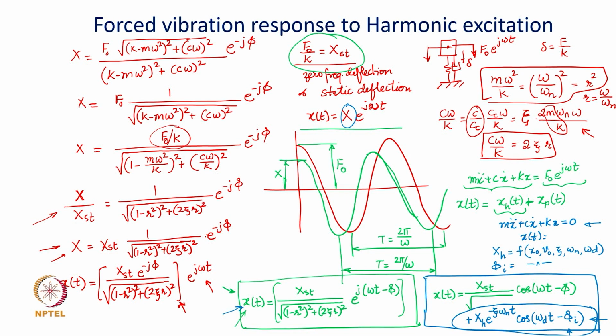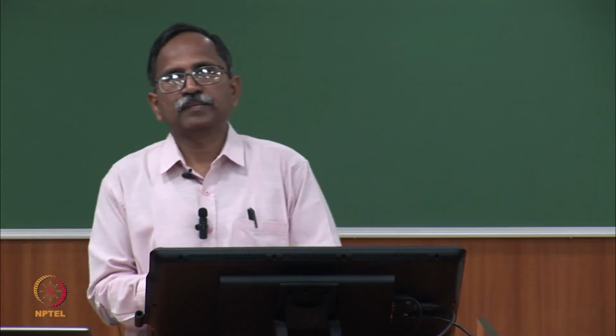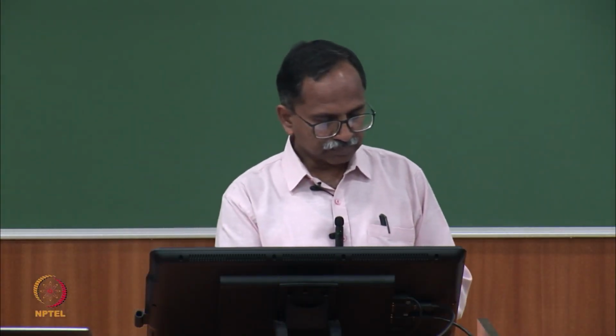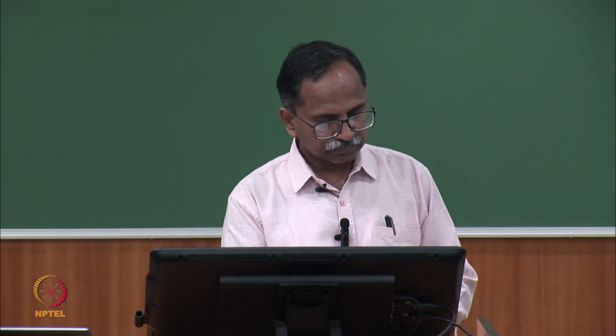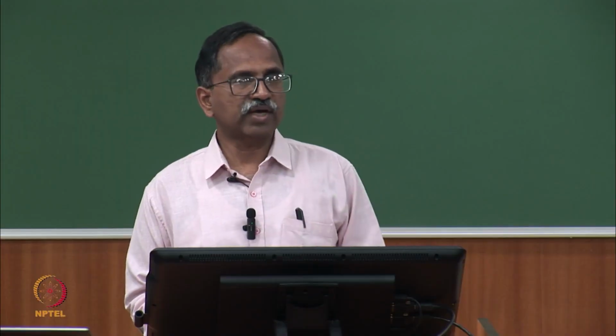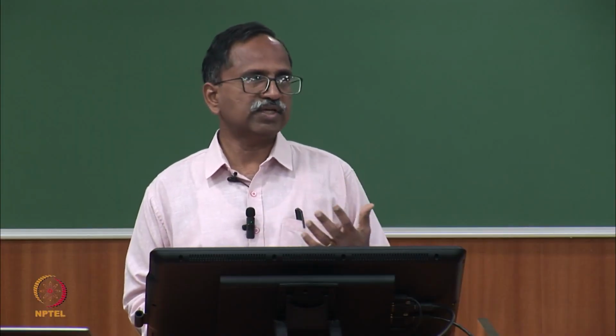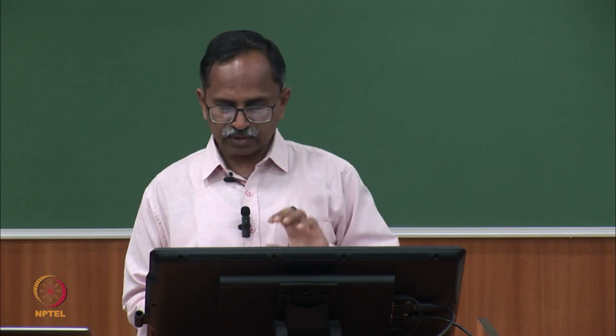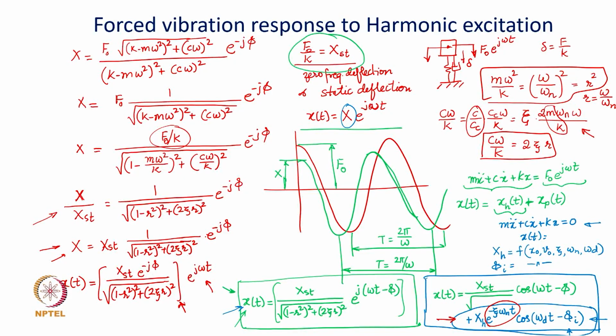And what could be the reason for it? Yeah, the reason is this exponentially decaying quantity ensures that within a few cycles, depending upon the strength of zeta, this part of the solution dies out quickly.